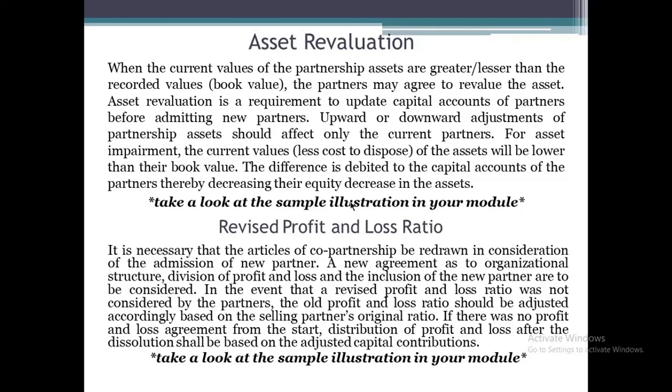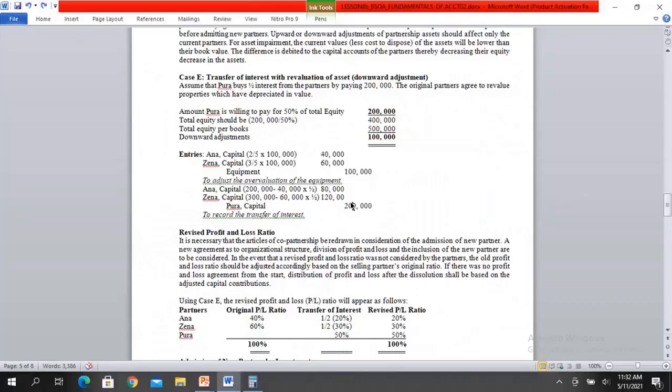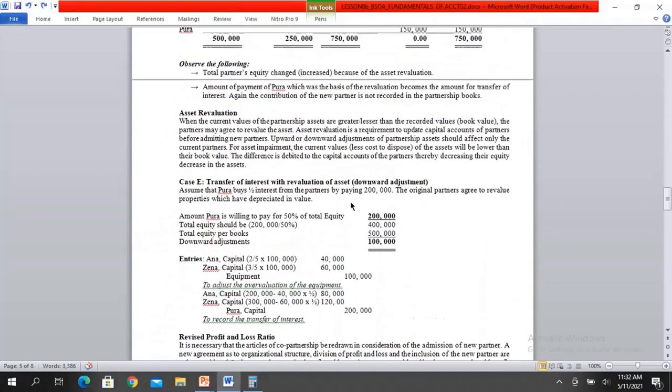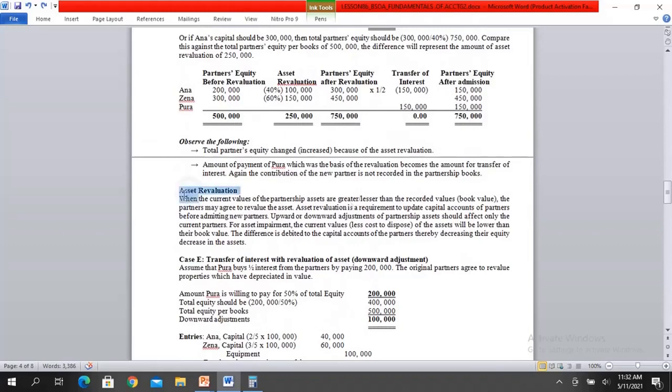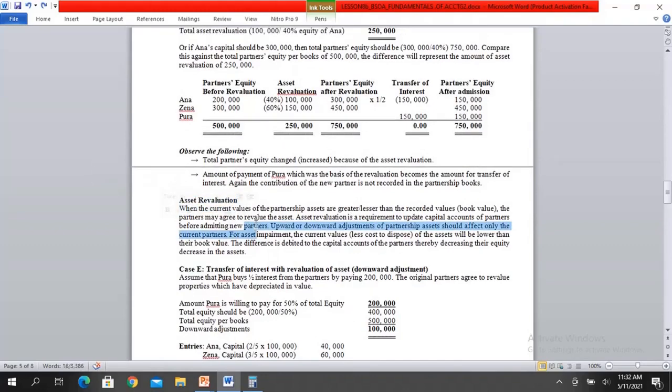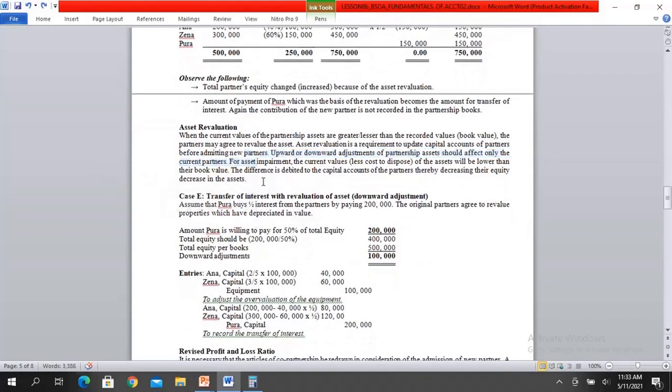Take a look at the example illustration in your module. Ayan. Asset revaluation. Tingnan natin yung example.